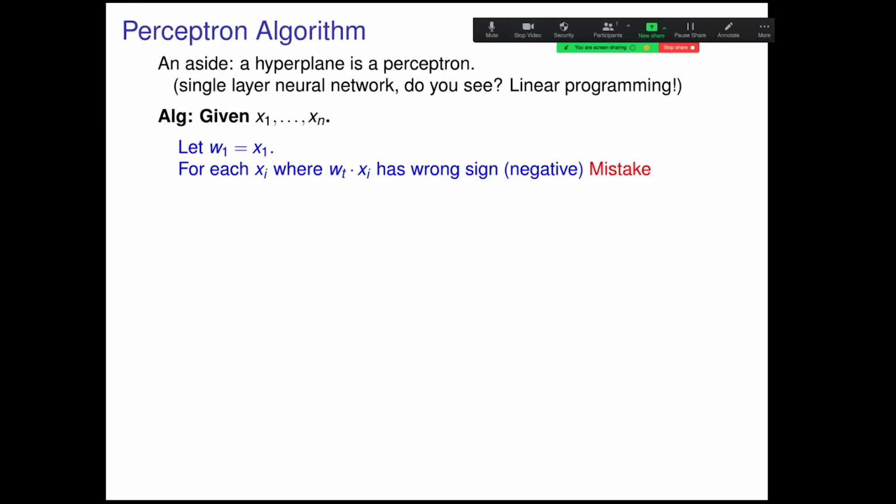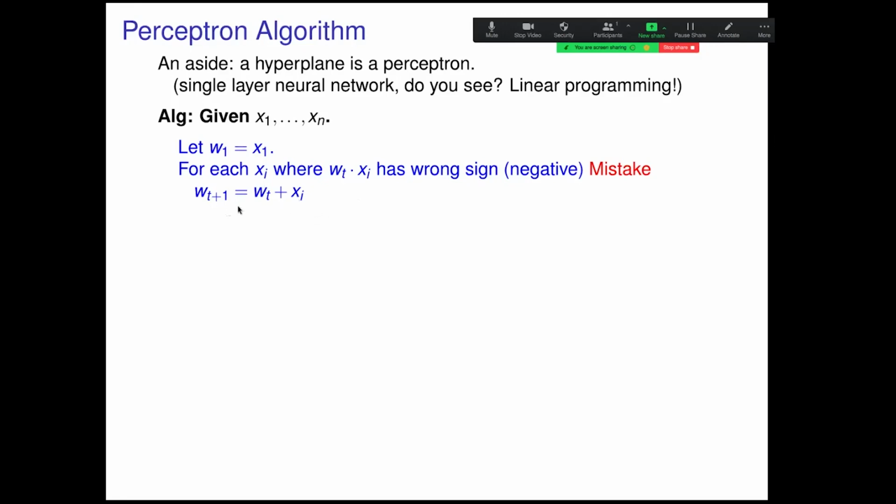I have a hyperplane that doesn't work for this point. Well, I'm going to add this point to the weight vector. Do you see intuitively why this is a good thing? Because now the dot product of w t plus 1 with xi is going to be larger. It was too small, it was negative. Now if we multiply by this new vector, it's going to be bigger.